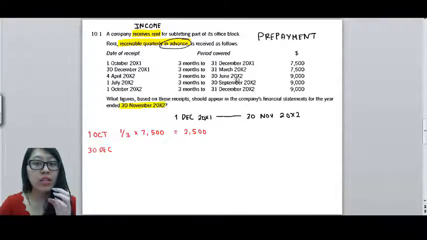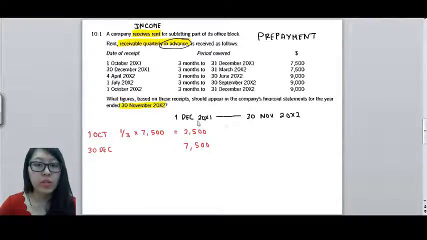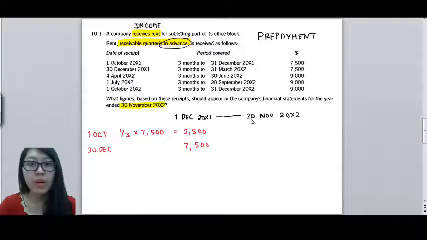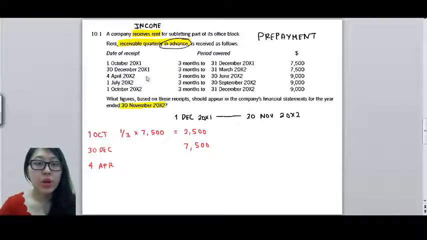So now I can recognize the January portion as earned. So in this case, we'll take the whole 7,500 because that would have passed and would have met our financial year already. Okay, as we continue, we'll just have to recognize all of these immediately, because they fall within our financial year. That's the key point.